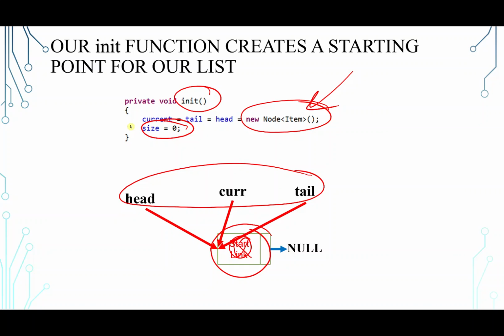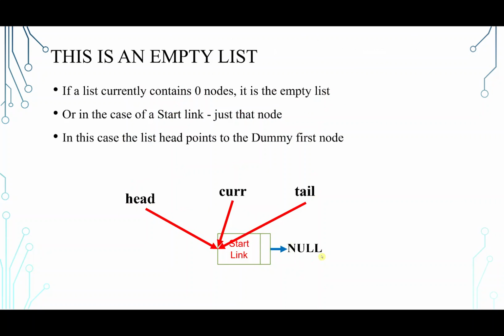Now when we start adding more nodes, we are going to add 1 to the size when we add each node. So if a list currently contains 0 nodes, it is an empty list.